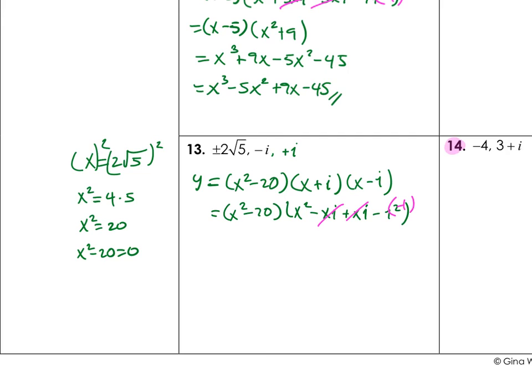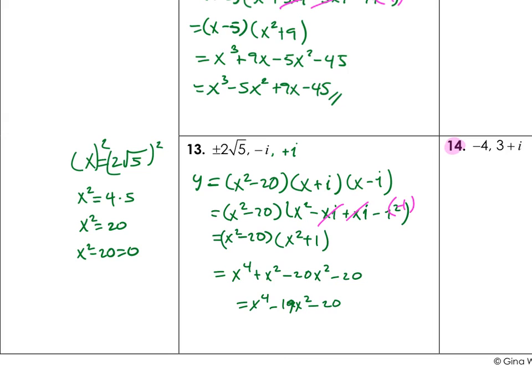This becomes negative 1. So x squared minus 20 times x squared plus 1. Right? So I get x to the fourth plus x squared minus 20x squared minus 20. So x to the fourth minus 19x squared minus 20.